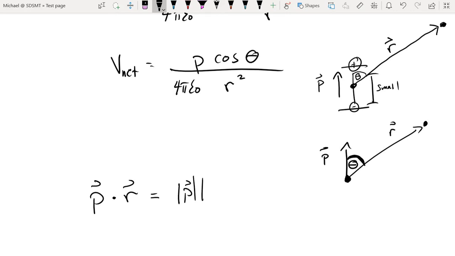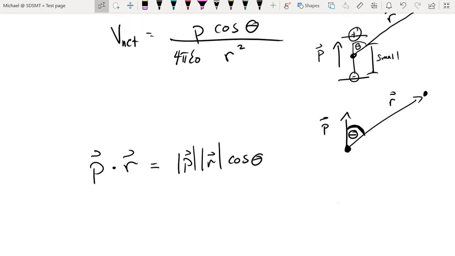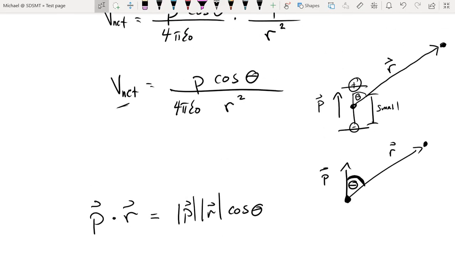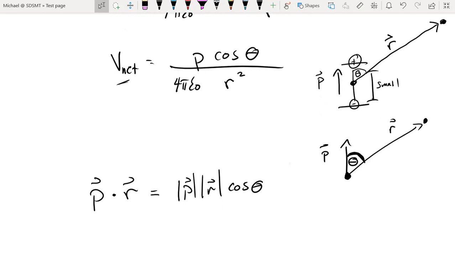And the way that we evaluate the dot product is that we take the magnitude of each and we measure the angle relationship between the two. And the result of a dot product is a scalar, which is exactly what we want. Our net electric potential has to be a scalar.